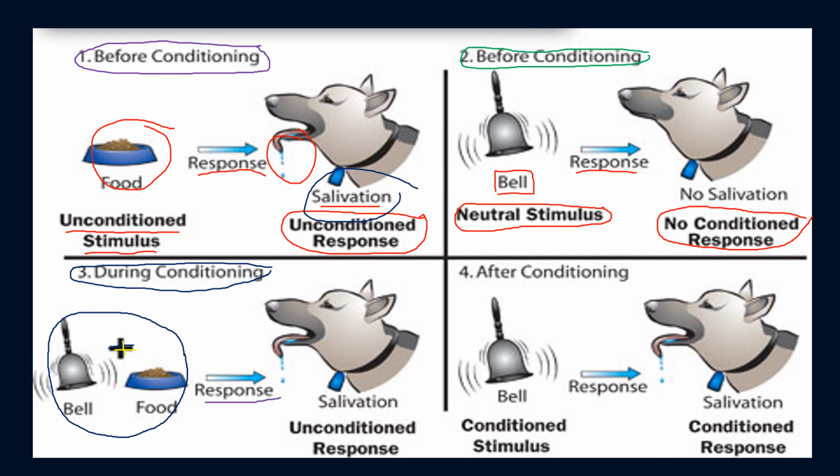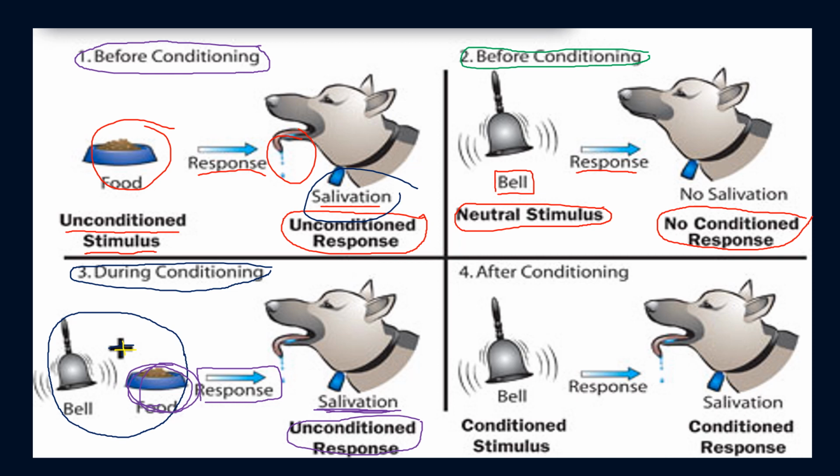The response from the dogs during this stage of the conditioning process is still considered an unconditioned response, because for the first few steps of this, they're responding to the food.